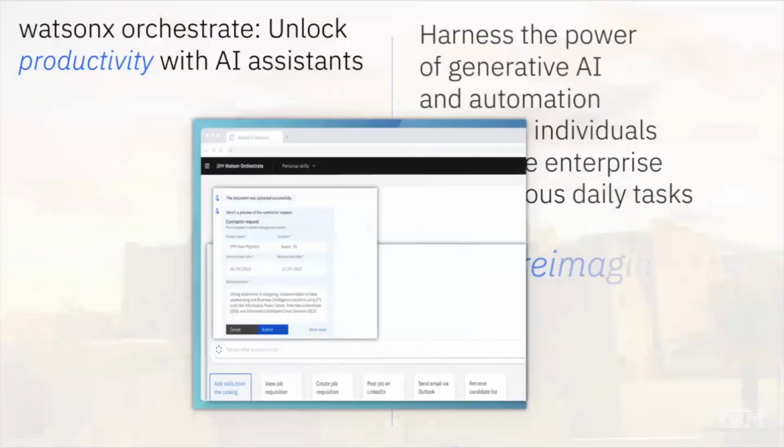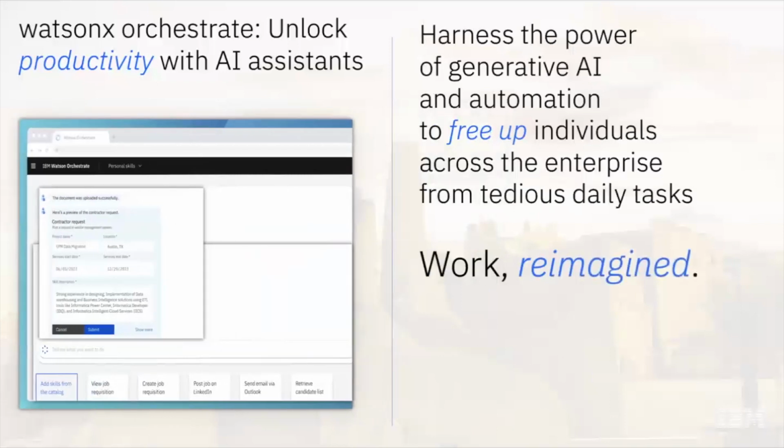That's why IBM is trying to reimagine the way we work. With the AI assistant, enterprises can harness the power of AI and automation. So we can free up individuals from these manual, low-value repetitive tasks: copying and pasting data between systems, clicking from one system to another system, chasing after work and people, right?